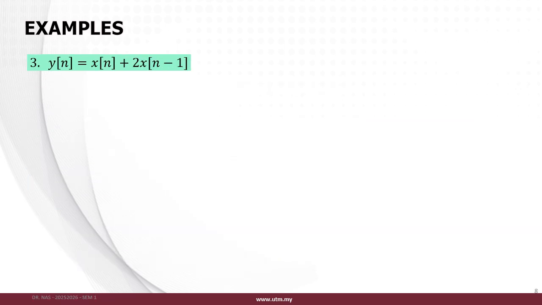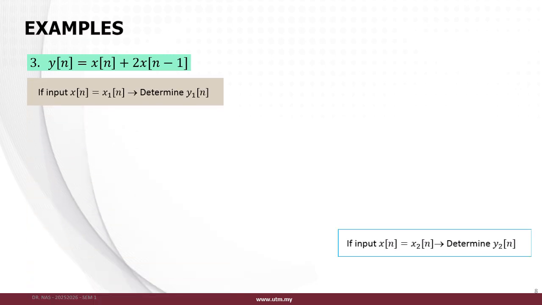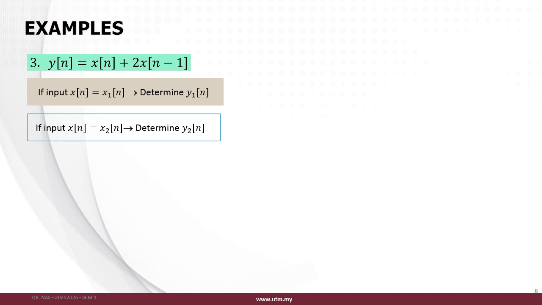Okay, let's look at another example. This is for a discrete time signal and system. The first step, as usual, determine y1[n]. So y1[n] equals x1[n] plus 2 x1[n minus 1].